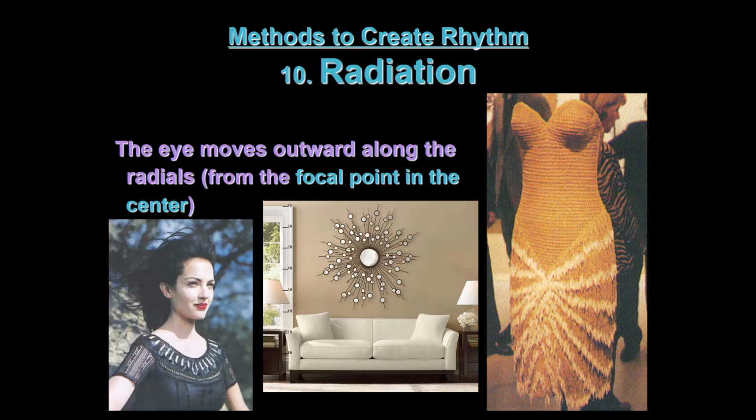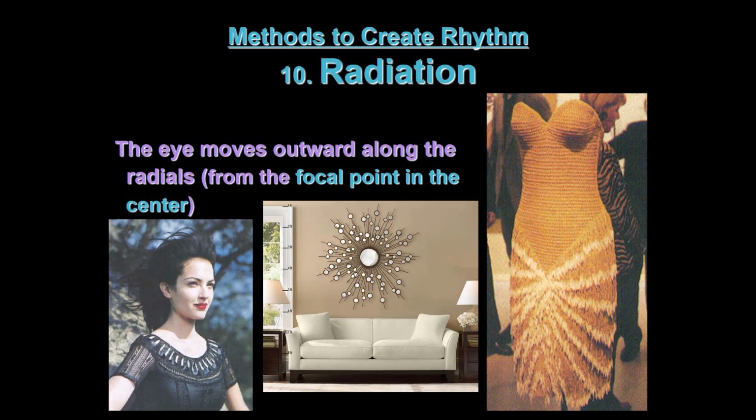And finally, radiation, always the one I like to hammer things home with. So remember, radiation, we create a central focal point, then our eye moves along those radials outward to create interest and movement of the eye. So on the left, our eye really goes to the neckline, which makes her face more of a prominent feature, that red, bold lip.